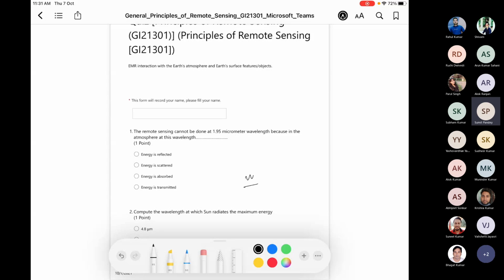In the first question, it is related to the effect of the atmosphere while transmitting the energy signal, that is electromagnetic radiation.